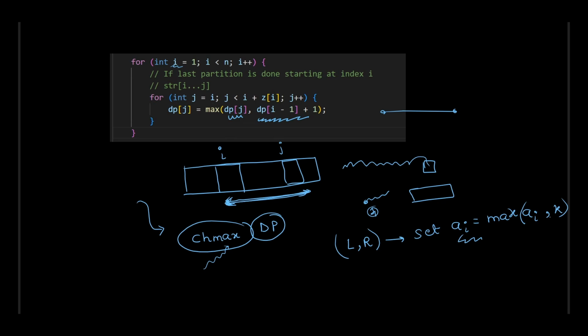So the next time you come across any problem that updates the dp value in a range in this fashion, ai is equal to max of ai comma k, you can refer back to this video and the segment tree library from AtCoder. That was also one of the main goals for creating this video, so that you have some reusable templates the next time you encounter chmax dp problems.